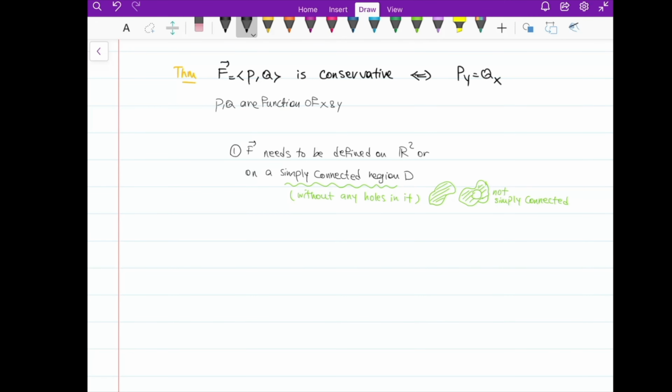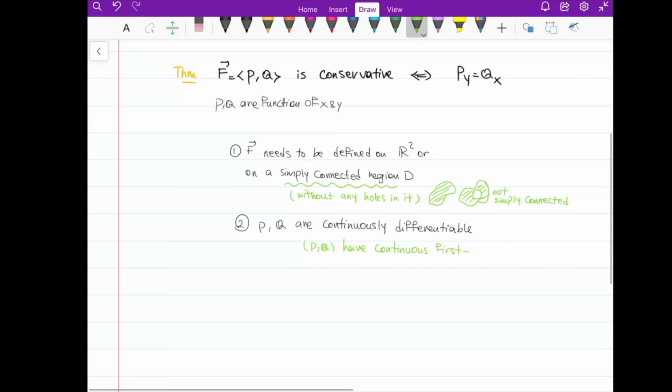And the second criteria is that P and Q, these two coordinates of the vector field, should be continuously differentiable, which means that P and Q have continuous first order derivatives.